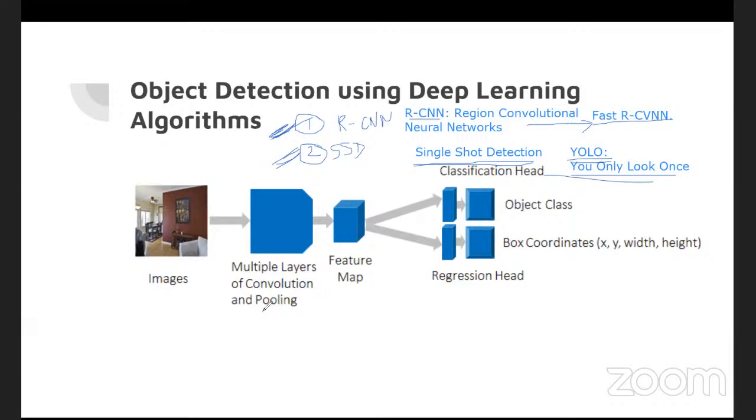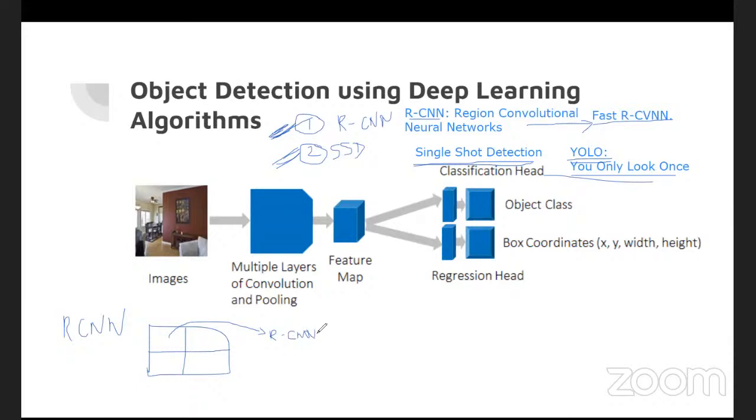In RCNN, for example, this is your image. Now this image will be split into different parts, and these parts will be fed individually to our CNN algorithms.